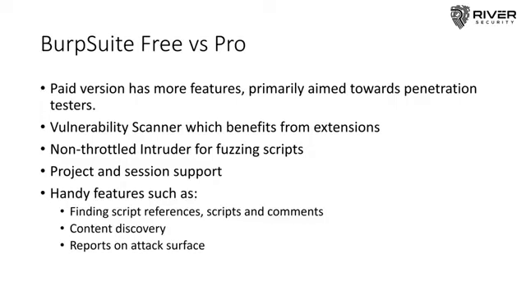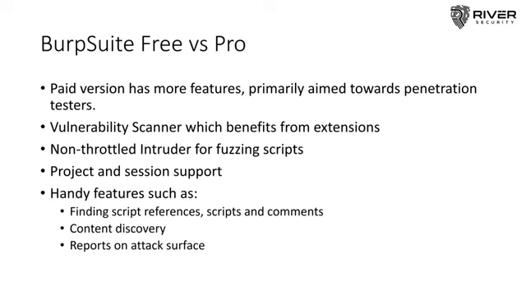Other things that are handy but not necessarily critical include content discovery, where, if you've heard of Dirbuster before, or GoBuster, we are able to discover unlinked content. We can discover content that is not necessarily available for you to browse to in an application, but is still hosted somewhere in the application.